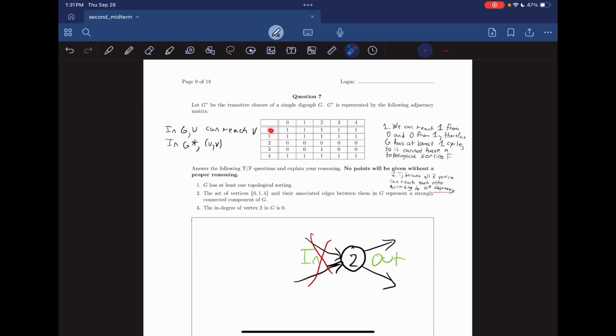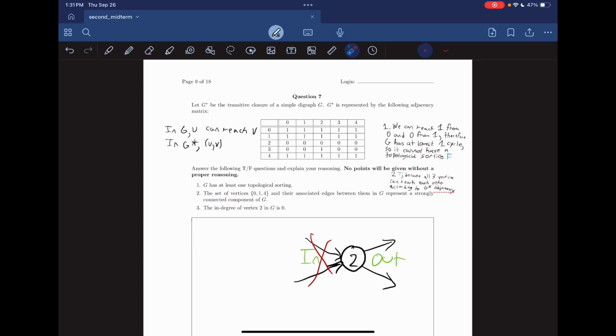We look in row 0, and we see that in column 2, there is actually a 1 there. This is true for 1, 2. This is true for 4, 2. It's even true for 3, 2. So we see that all of the other vertices are able to reach 2. Because any of them are able to reach 2, we know that the in degree of vertex 2 has to be at least 1, because there has to be some kind of an edge going into 2, otherwise nobody would be able to reach it.